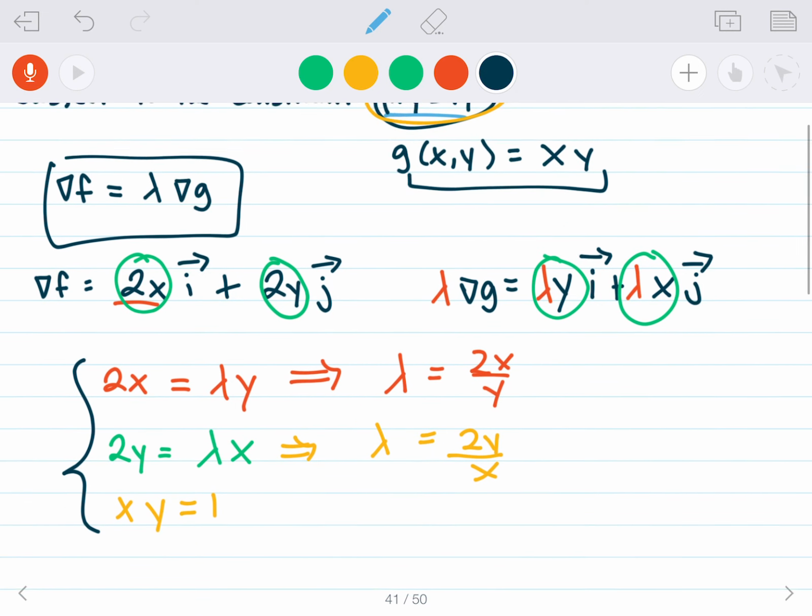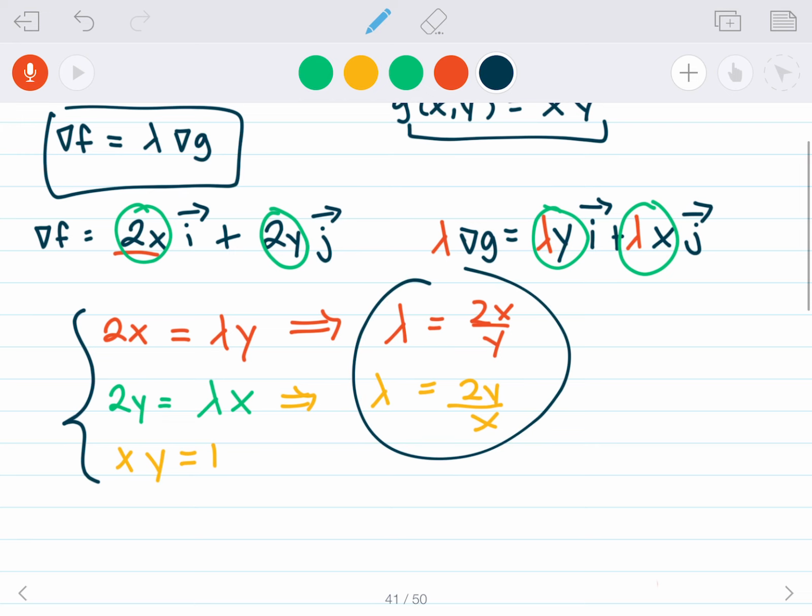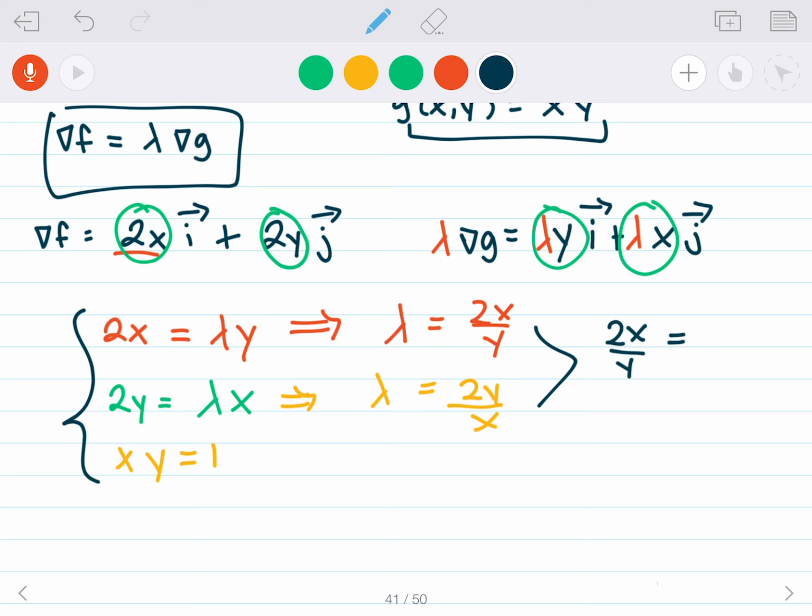Anyway, I have lambda, and since both of these things equal lambda, I can set them equal to each other. So this implies that 2x over y is equal to 2y over x. Lambda equals lambda, basically. Now I can solve for one of the variables.